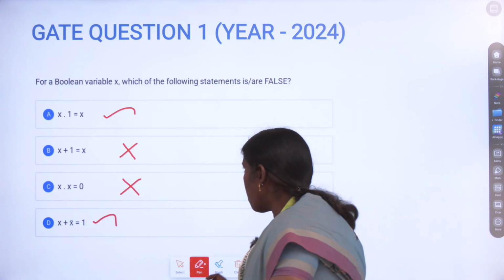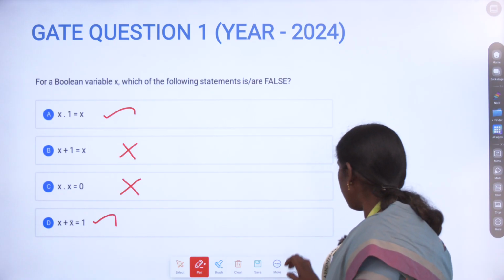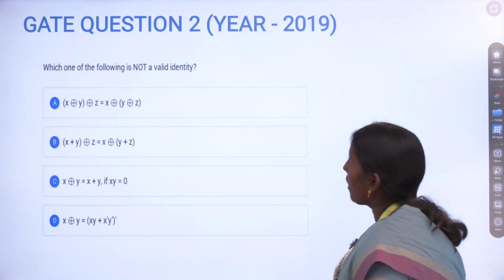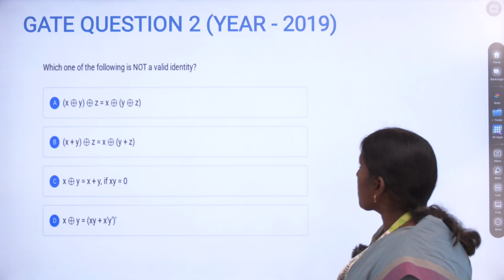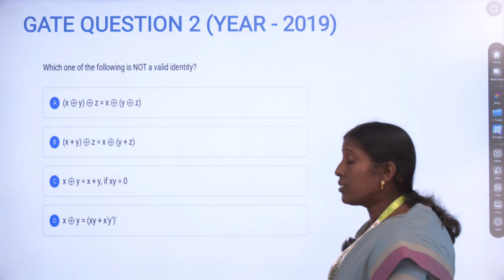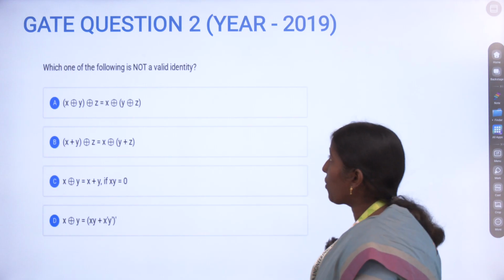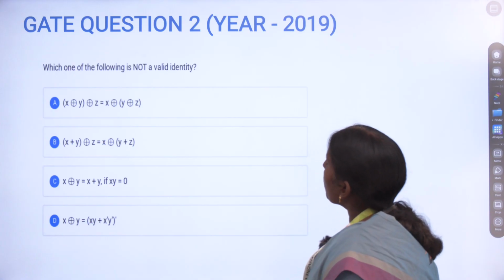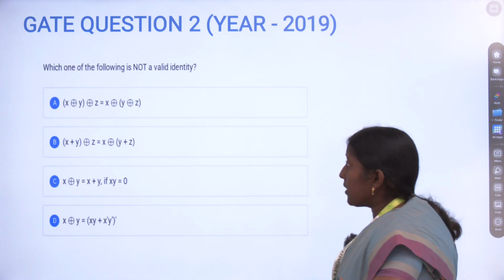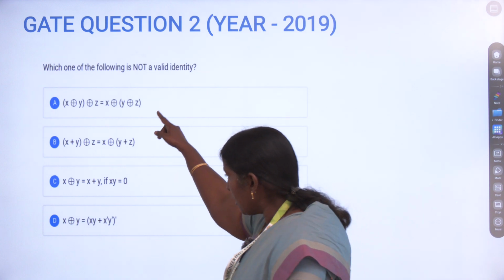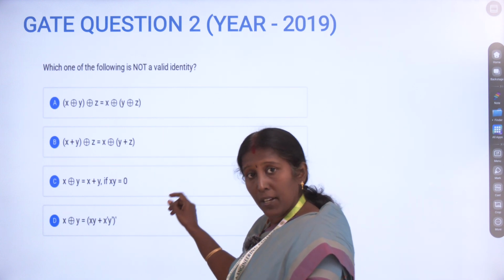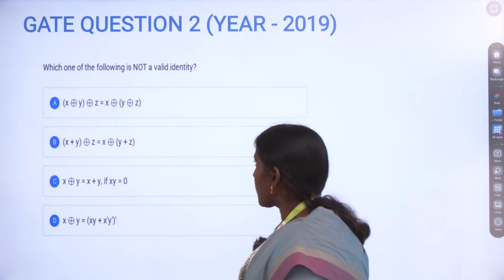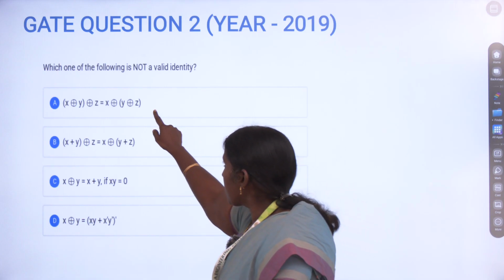Let us go with the next question. The next question is asked in the year 2019. Which one of the following is not a valid identity? They have given 4 choices. Let us compare each and every choice.